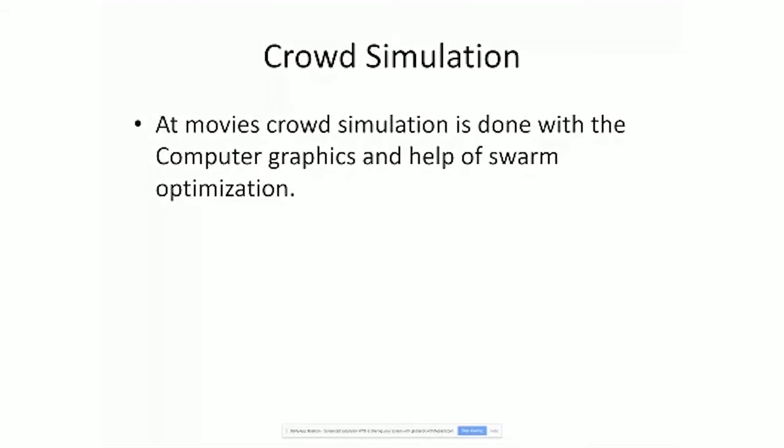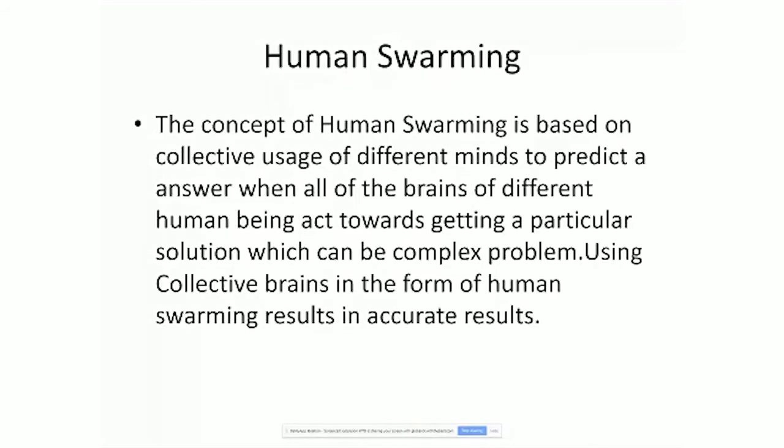Now, human swarming. This is an evolving concept and is getting popular day by day. In this particular human swarming concept, there might be a lot of minds. When a lot of minds work together on a complex solution, the solution we get for that particular problem is a unique one.